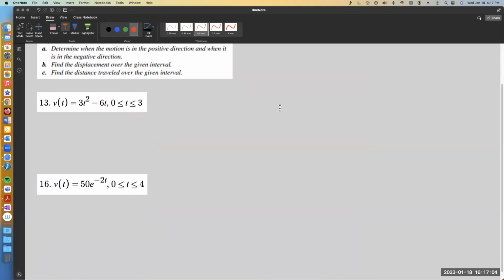It's much, much easier. So let's go ahead and do that. Now this is a quadratic and we know that its graph is going to be a parabola opening up, and pretty easy to factor that velocity function. And if we set this velocity function equal to 0, we notice that the zeros are 0 and 2.